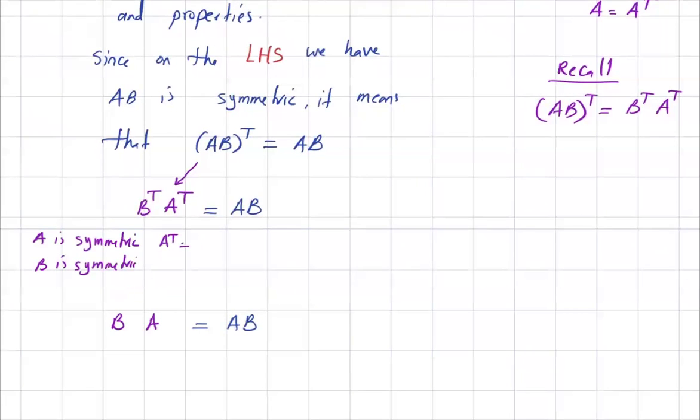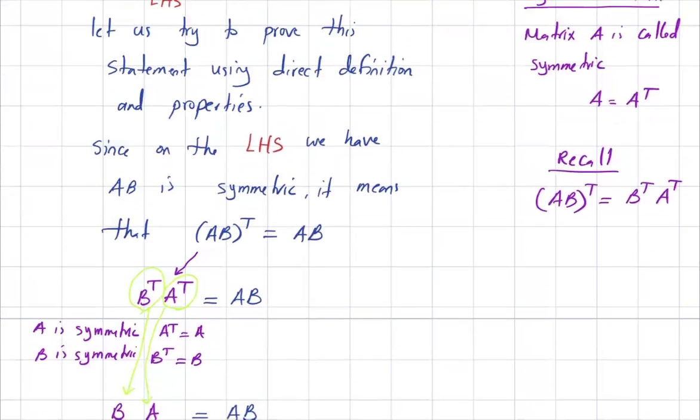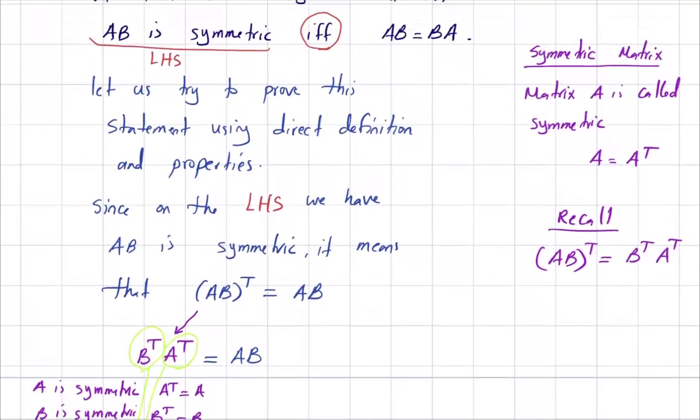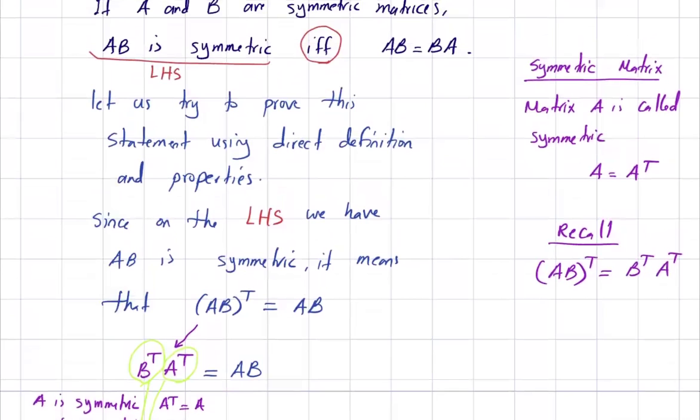So A transpose is equal to A and B transpose is equal to B. So that's how you can replace these B transpose by B and A transpose by A. So you just show that BA is equal to AB and you just prove this statement on the right-hand side because your right-hand side says AB must be equal to BA.